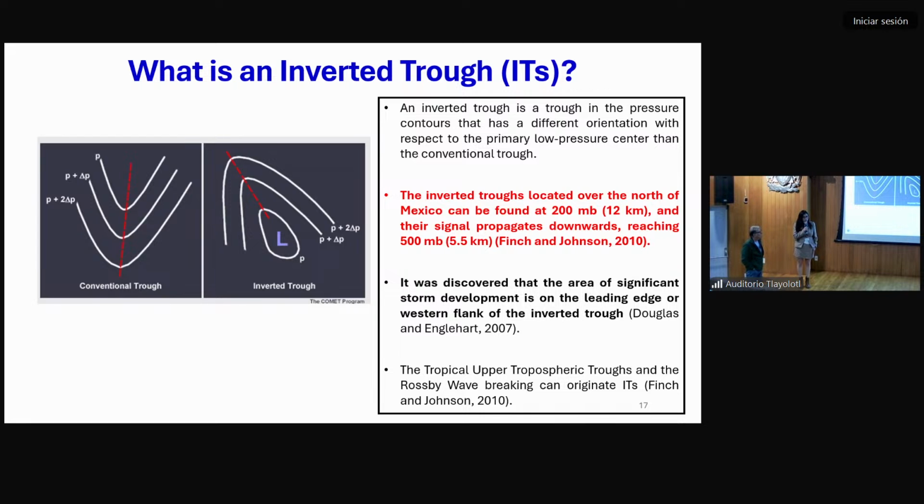Yeah, great question. Thank you so much. No, we didn't find any relationship in terms of the size, for example, or the lifetime. We find that the mesoscale convective systems that interact just produce more precipitation, and they have a well-defined circulation in terms of the ascending and descending motion.